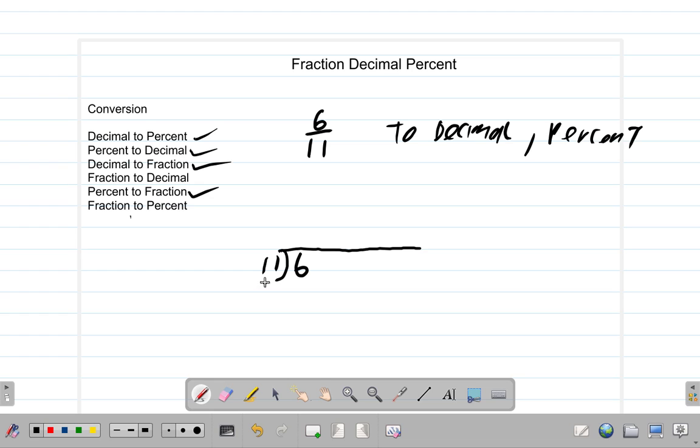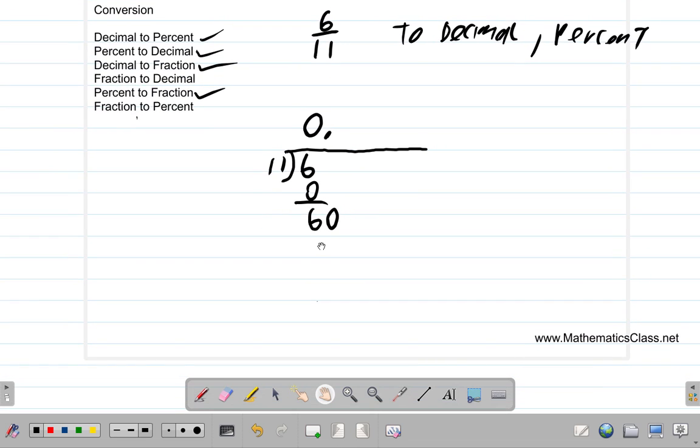Alright, let's see. 11 into 6, you can't. You put 0. 0 times 11 is 0. 6 minus 0 is 6. Multiply by 10. 11 into 60. Let me see. 11 twos are 22, 11 threes are 33, 11 fours are 44, 11 fives are 55, 11 sixes are 66.